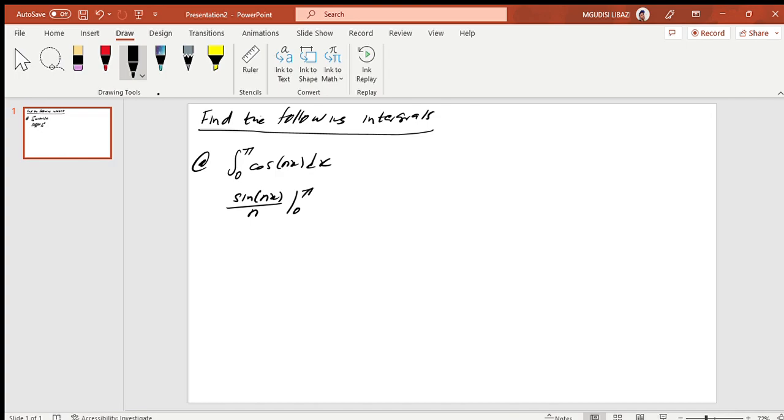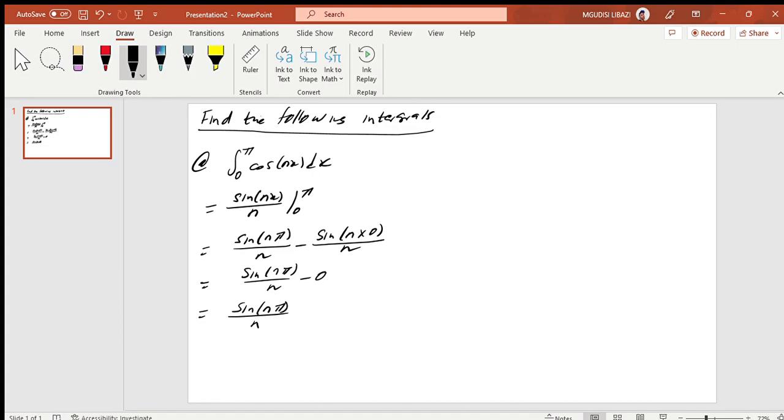And then we substitute: sine of n pi, all over n, minus the lower limit, sine of n multiplied by 0 in place of x divided by n. So that will give us sine of n pi, and of course divide by n minus 0. Sine n times 0 is 0, and sine of 0 is 0. That means we'll have sine of n pi and then divide by n.